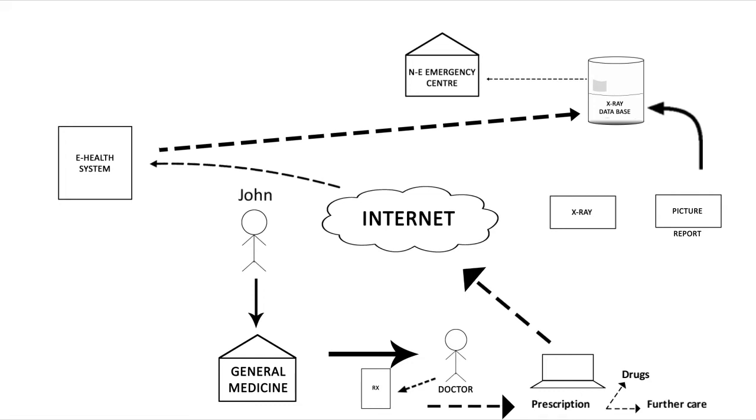So the prescription goes here and will be recorded, fixed in this system. But the data is not stored here, the data is only verified here. Here is another system, whose name is the electronic prescription system.